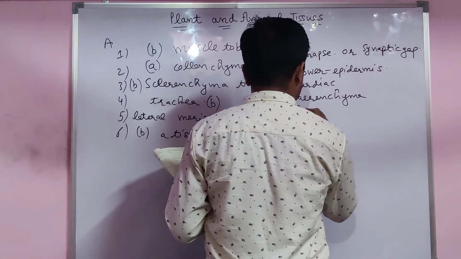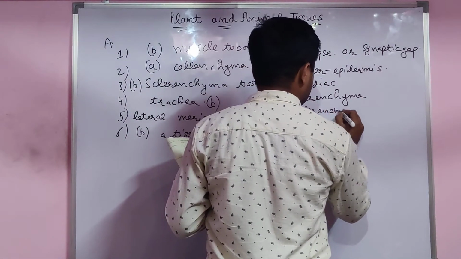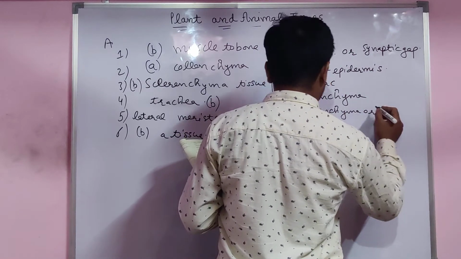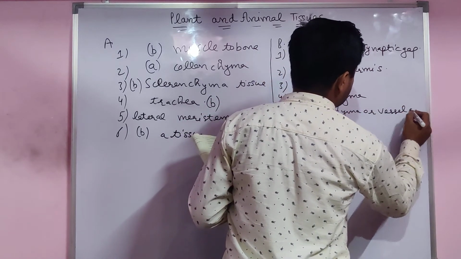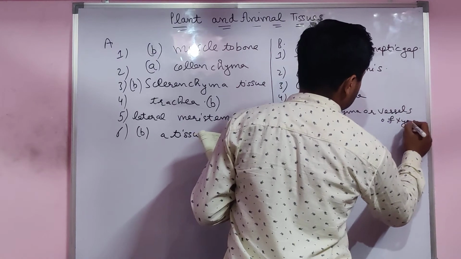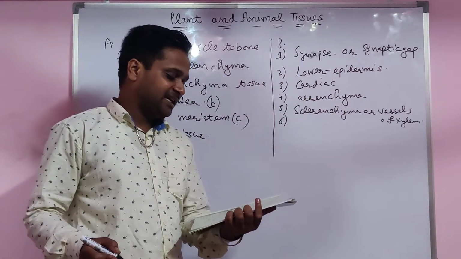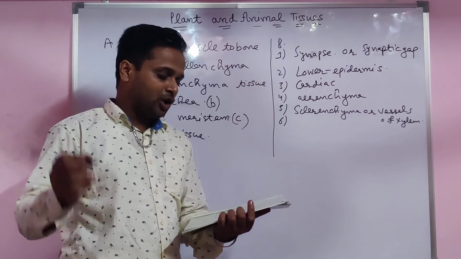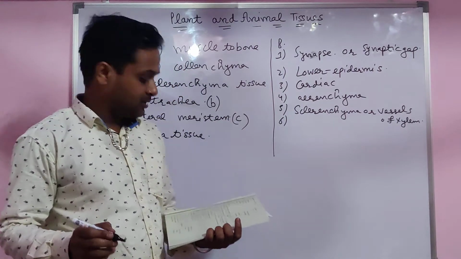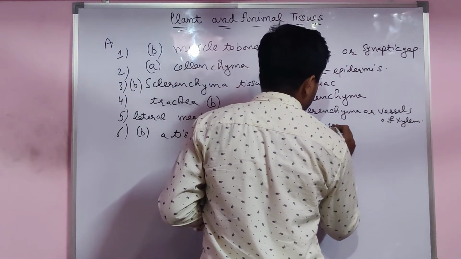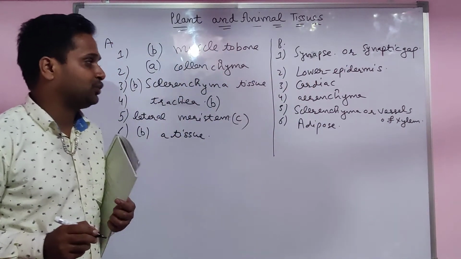Sclerenchyma, or old vessels of xylem. Sixth, the dash tissue has a lot of fat cells to provide insulation. Adipose tissue. The answer is adipose tissue, students.